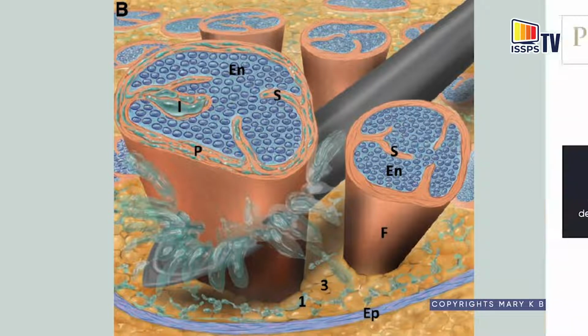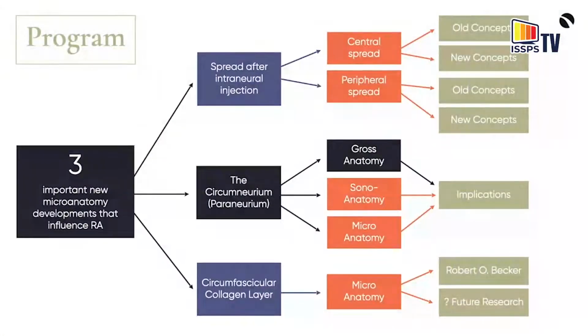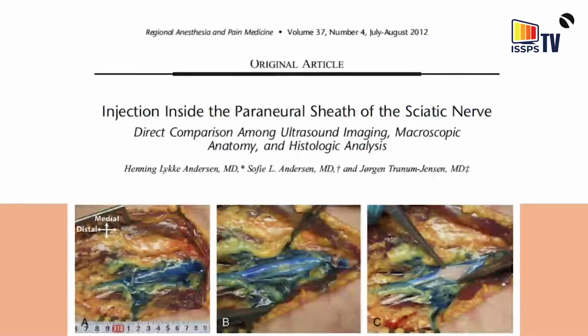Let us now have a closer look at the circumneurium, previously and still sometimes today referred to as the perineurium. This membrane, first known as the gliding apparatus of the nerves by neurosurgeons, was described in 2012 by the Andersen group.